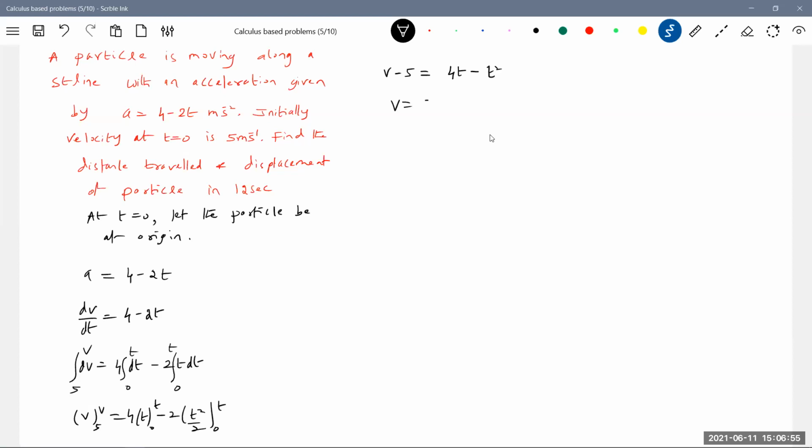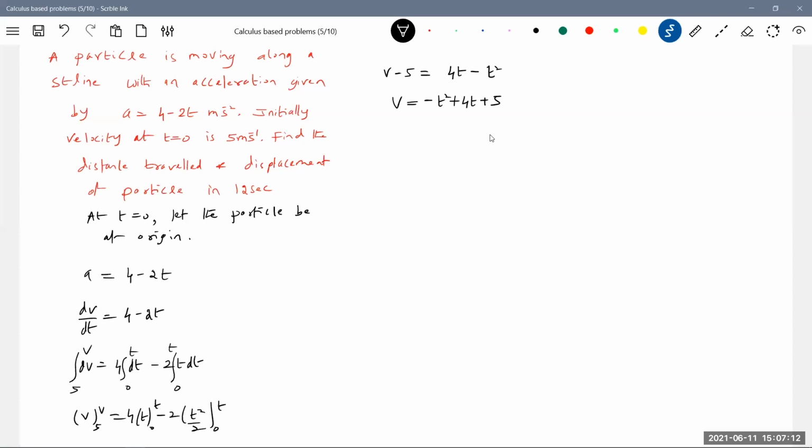So v equals minus t square plus 4t plus 5.